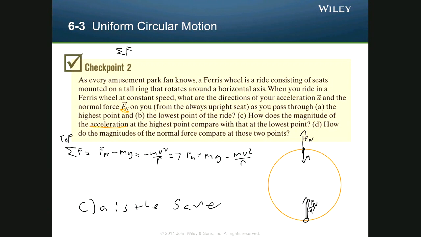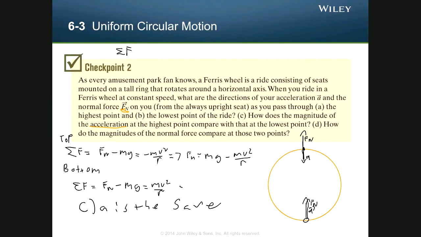At the bottom, we can sum the forces, which equals Fn, still minus mg, but here it's going to equal just mv squared over r.